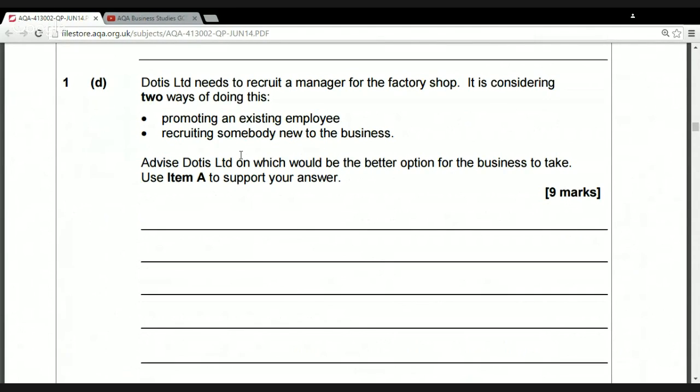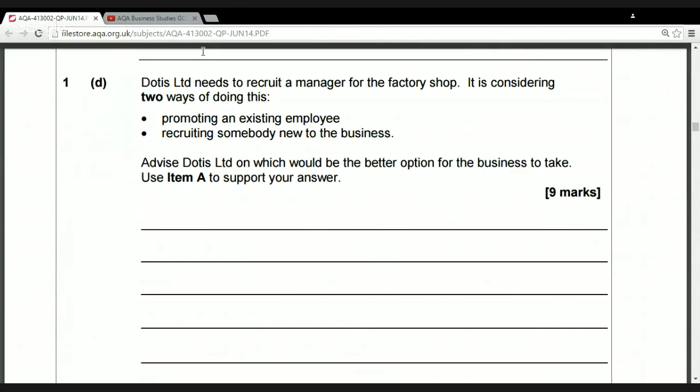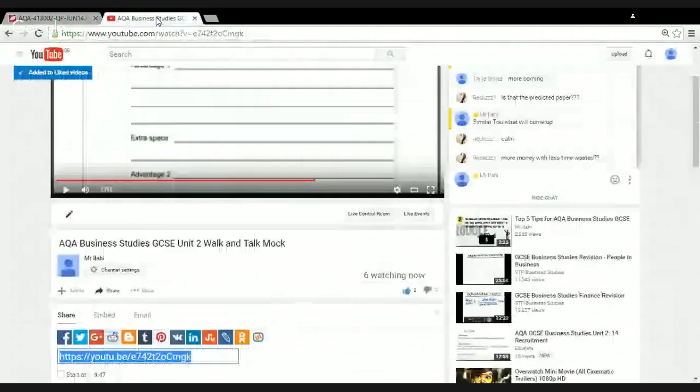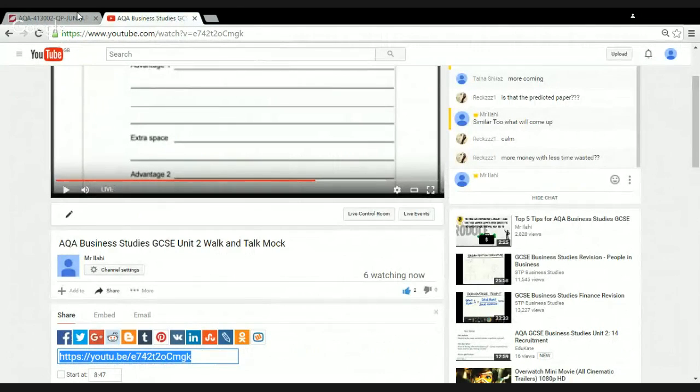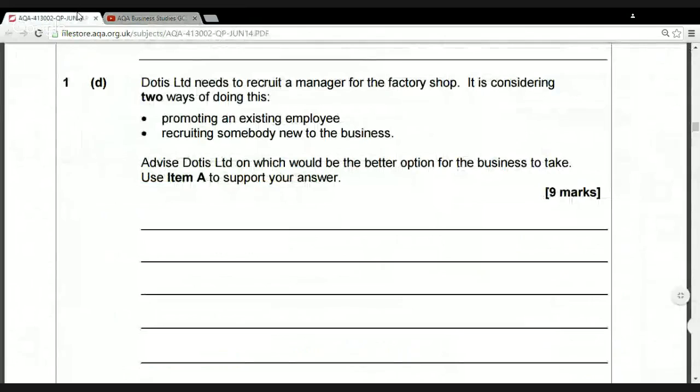Okay, there was no aspect of this type of question on Unit 1. It could be a case for this being a 9 mark for Unit 2. So something along these lines, something about people in business. That's usually a topic they use for Unit 1. However, this time they use production for Unit 1. So they're going to probably use this kind of people in business question for Unit 2.